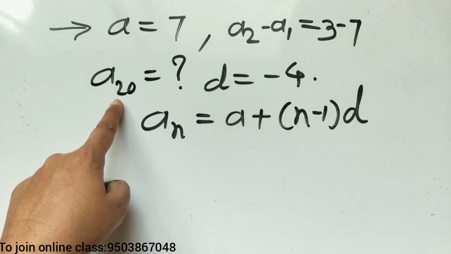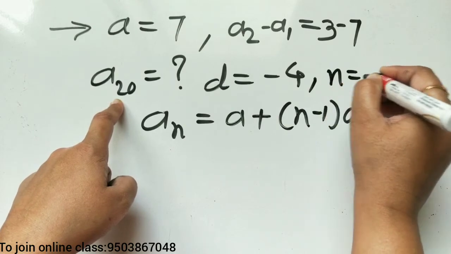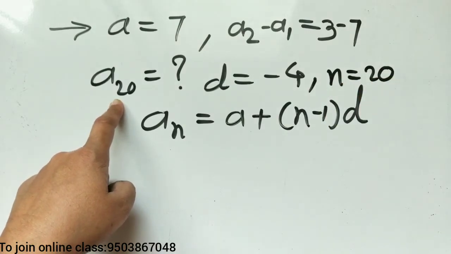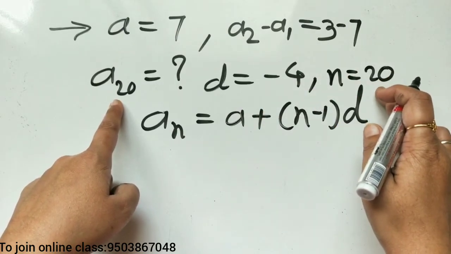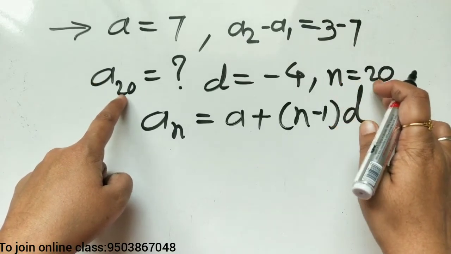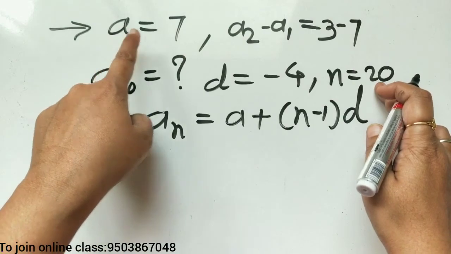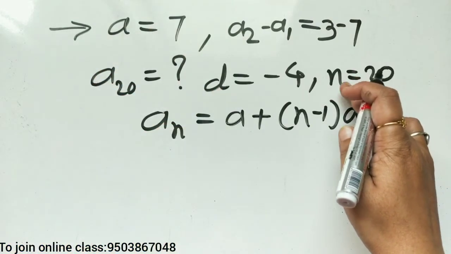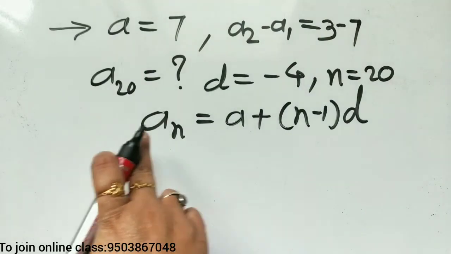As the 20th term is required, the value of n is 20. N means the number of terms. So we take n's value as 20, and we are going to substitute all these values A, D and N in the given formula.